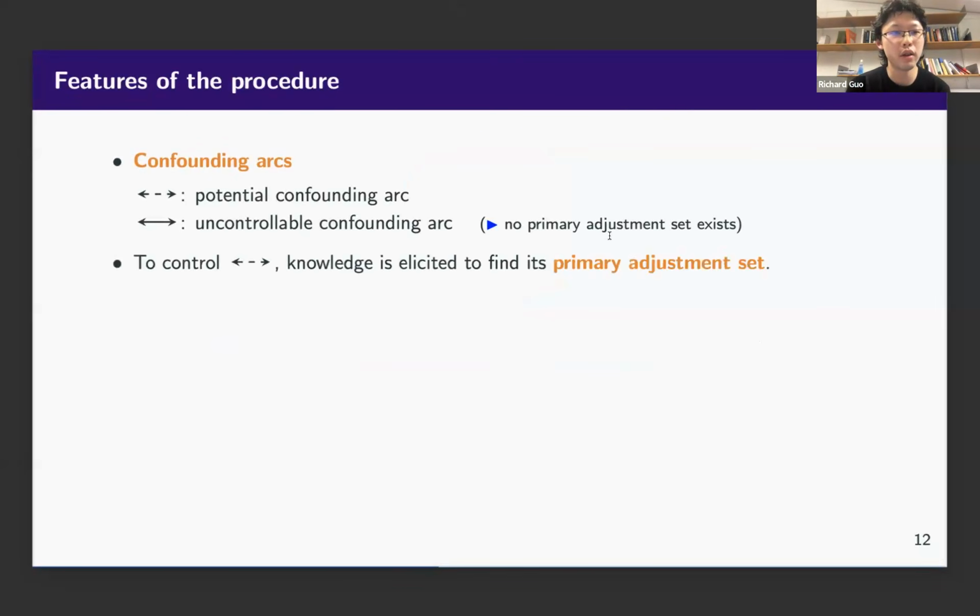To control the dashed ones, we need to ask the user a bunch of questions to elicit the knowledge. And I think it has been clear to you, hopefully, that to answer these queries, you do not need to pre-specify the full graph. Although I show you the full graph, that is just to conceptualize what might be in one's head.